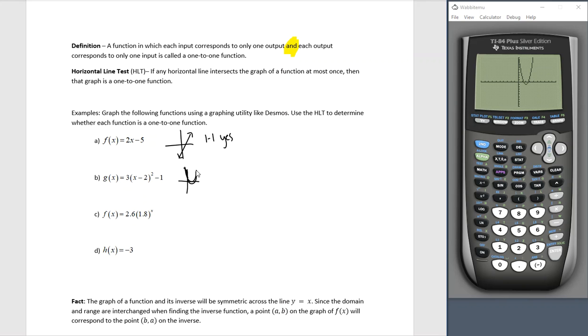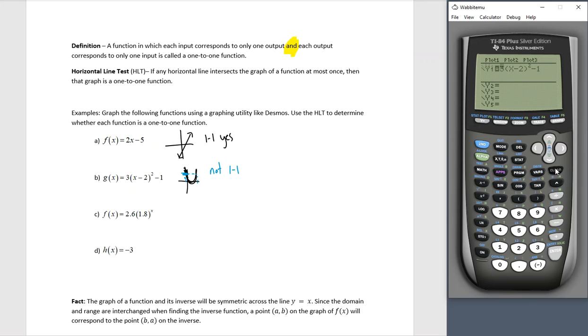Notice that each x goes to only one y, but here's a y that has two different x values. One y value comes from two different x places. So this is not a one-to-one function.